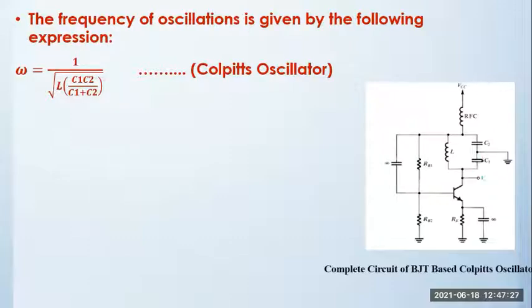You see the Colpitts oscillator has two capacitors, the midpoint is grounded, and in parallel with that you have L, the biasing resistors RB1 and RB2 for the transistor, and we have this coupling capacitance here. The output signal which appears here is brought back as feedback in the circuit.